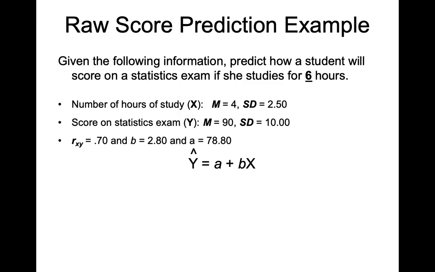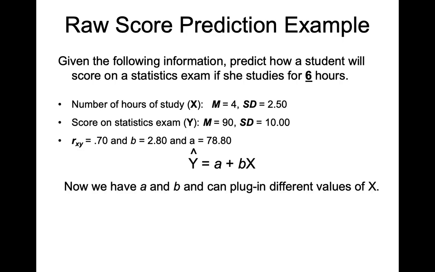Now we've got our two pieces of information, these two values for our regression constant and our regression coefficient, and we can use that to plug in different values of x. Our original question was, what would we predict a student's score on the exam will be if she studies for 6 hours. That's our value of x, and we can plug that straight into our equation.